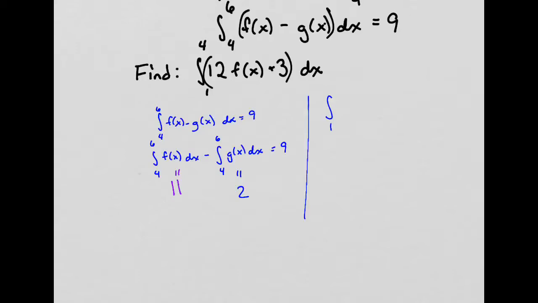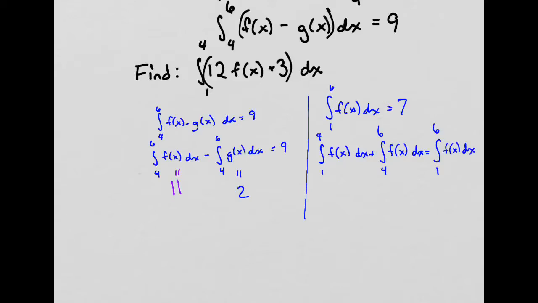Because we know the integral from 1 to 6 of f of x dx is equal to 7, right? But we can split this at 4. So we've got the integral from 1 to 4 of f of x dx, plus the integral from 4 to 6 of f of x dx, is equal to the integral from 1 to 6 of f of x dx. So we can split an integral at a midpoint, and we know from 1 to 6 is 7.